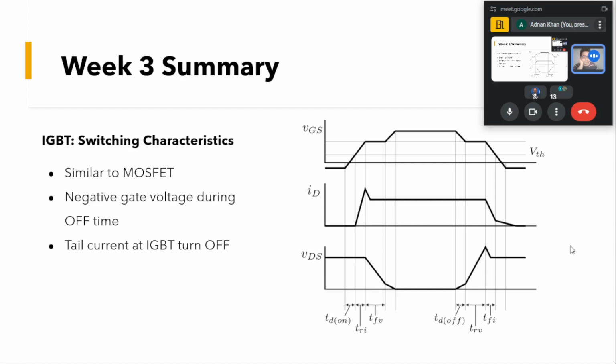So at the time of turn off, we have to extract these minority carriers. There will be some tailing current here, which was not in the MOSFETs, and because of this tailing current, the turn off duration in the IGBTs can increase, which in turn limits our switching frequencies, which I had talked about earlier. So that's one of the differences in the IGBTs: we have a tailing current because of the minority carriers at the turn off interval compared to the MOSFETs.